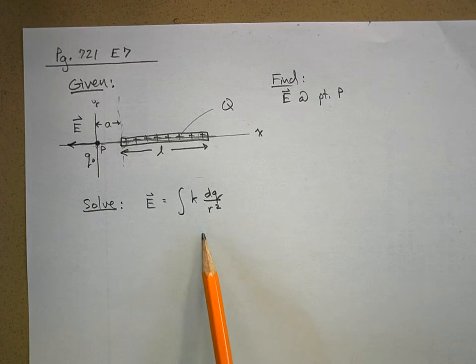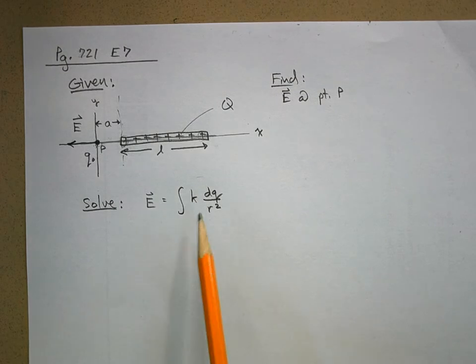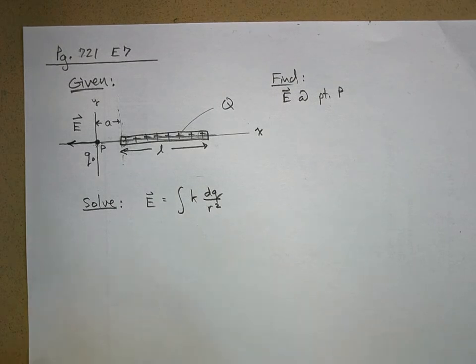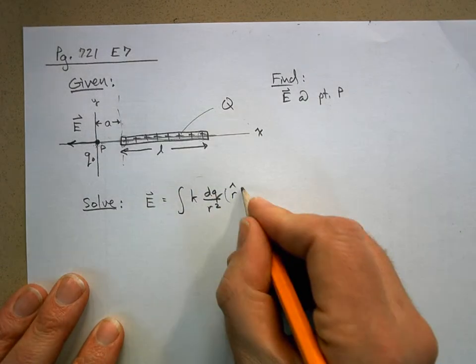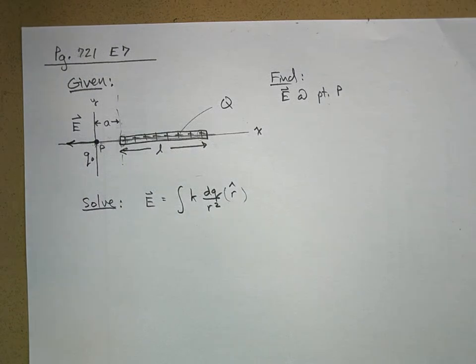And again, this is in the video, so if you haven't watched it yet, make sure you get caught up. And when we integrate, in the r hat direction, I have to give it a direction. Oh, there goes my book.